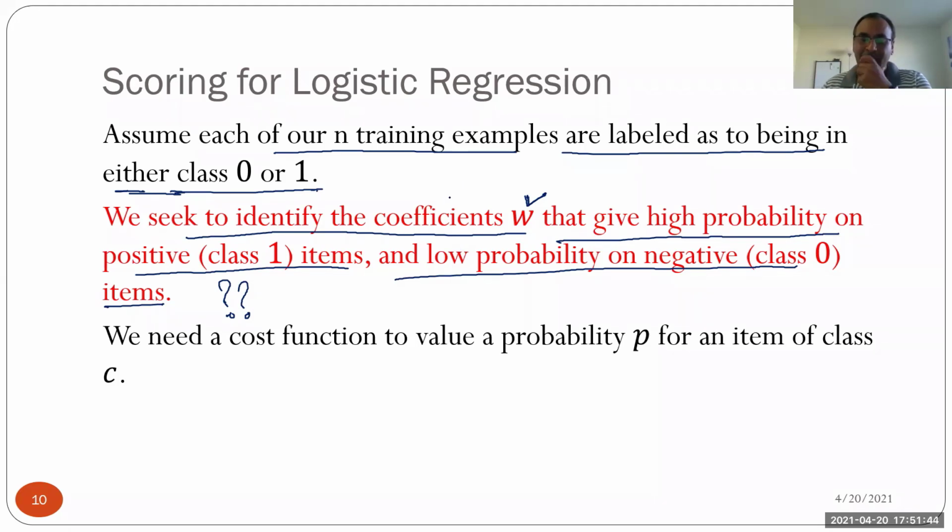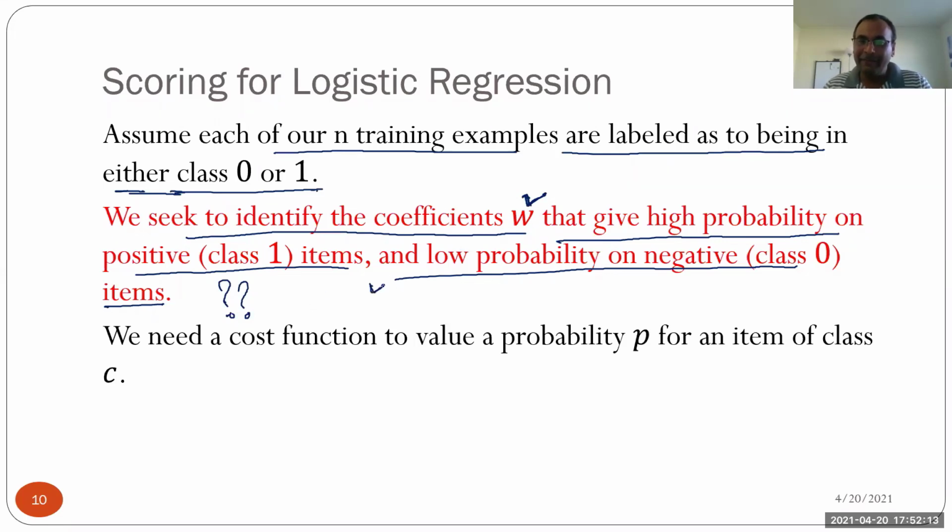Now, for logistic regression, what we have to do is find the w's in such a way that if the data we are feeding for learning happens to be a positive class, for our example a female, then the probability should be higher.